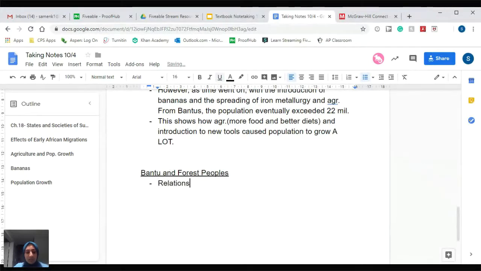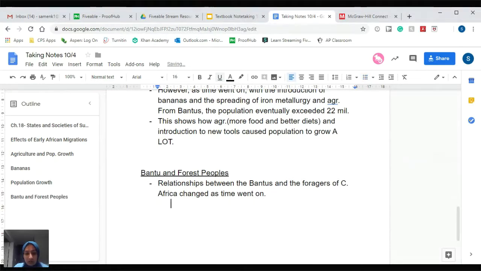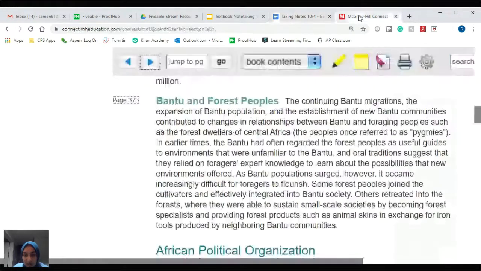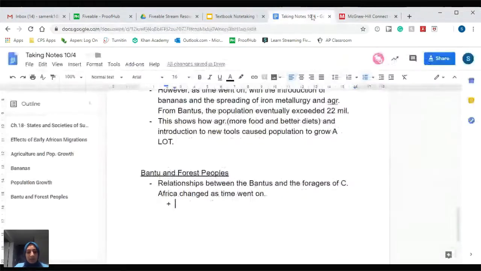You could say relationships between the Bantus and the foragers of Central Africa changed as time went on. Then we could make our little sub bullet points, and we could say before, the Bantus found the foragers useful.